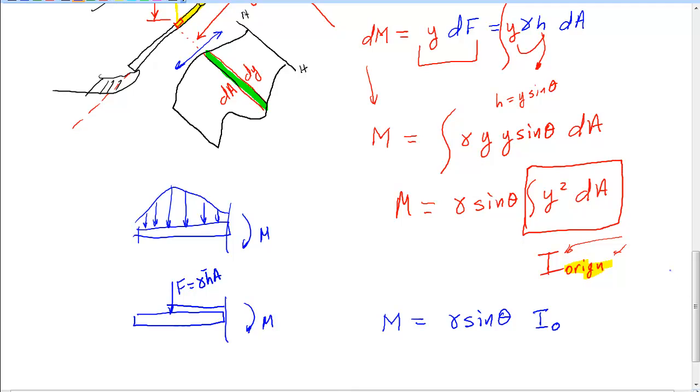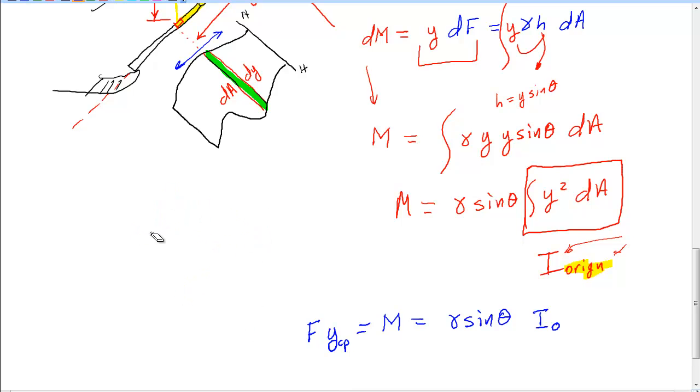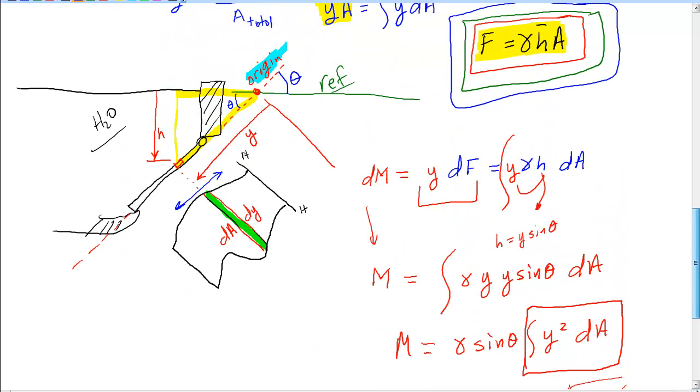So I can just as easily run over here and say this is nothing more than F times some y, what they call in most books the center of pressure. On our drawing, here's what it is. It is a location, say the actual load, that's the location.